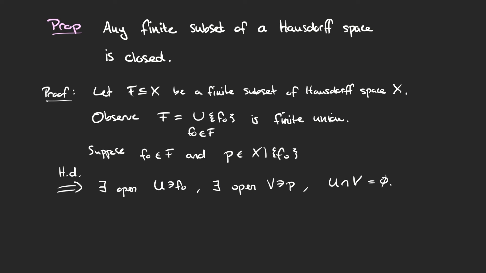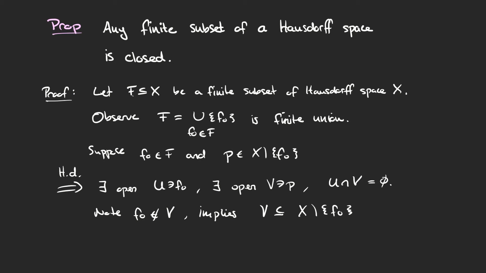Okay, now we observe that U contains the point F0, and U is disjoint from V. So in particular, the set V is not going to contain the point F0. And this fact implies that actually V is a subset of the complement of the singleton F0. In other words, every point of V is not the point F0.